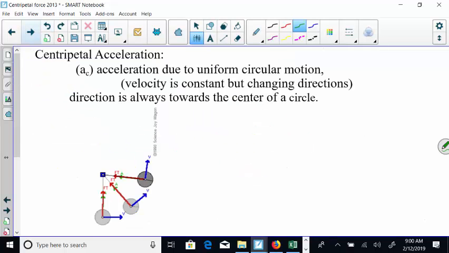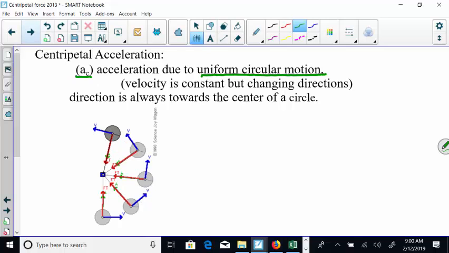This acceleration then is actually called centripetal acceleration. We are going to use the letter a sub c for this acceleration, and it is acceleration due to uniform circular motion.